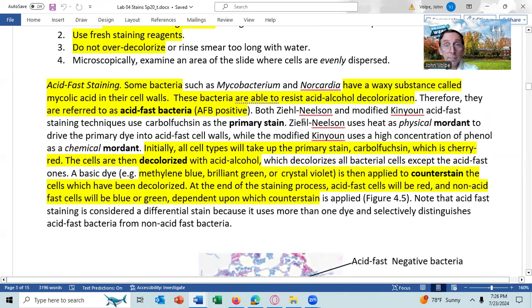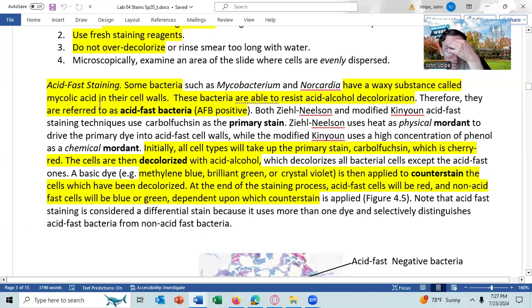Some bacteria, mainly the species of Mycobacterium and Nocardia, have a waxy substance we call mycolic acid in their cell wall. Mycolic acid is actually one of the main molecules in the cell wall of Mycobacterium, along with peptidoglycan. There's a lot of peptidoglycan there, but there's a lot of mycolic acid also.